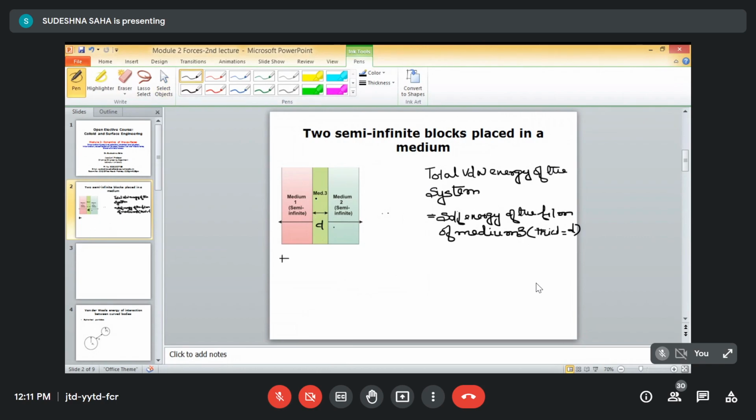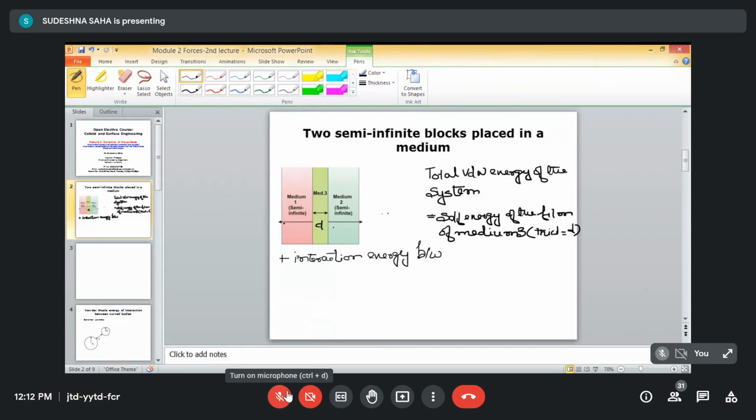plus the interaction energy between the film and the semi-infinite blocks.